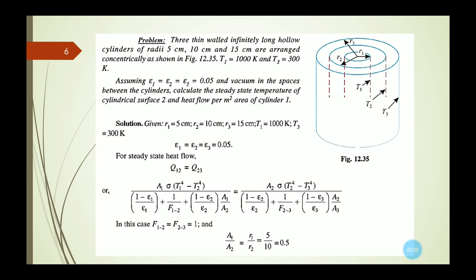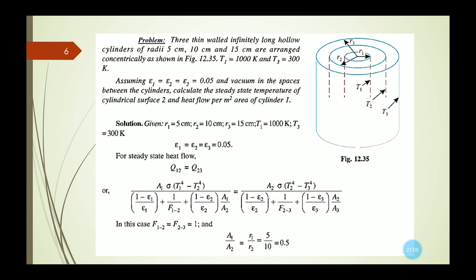Now we need to assume that the emissivities for these three concentric cylinders are 0.05, and vacuum in the spaces between the cylinders.